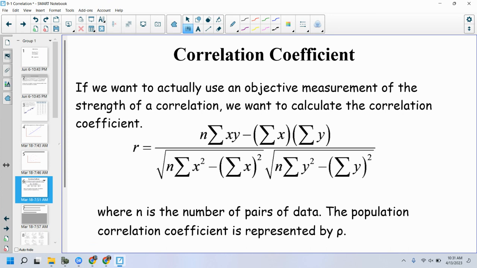There might be some variation, and if it was a perfect variation, what do you think the top would come out to be? Just n, right? Okay. So there might be some variation in sum xy minus sum x times sum y, right?